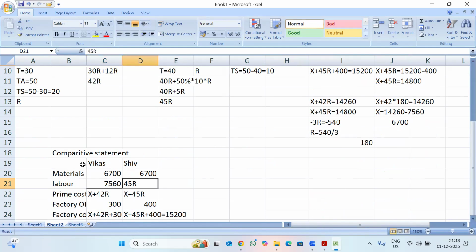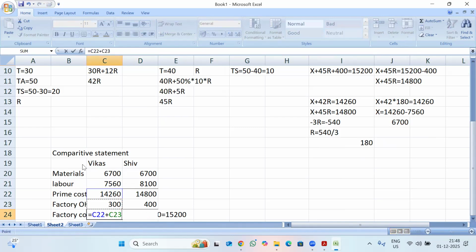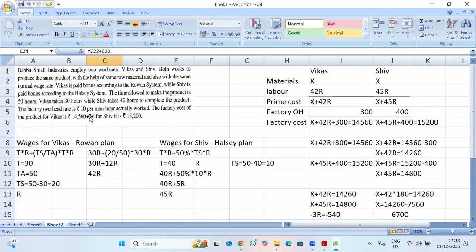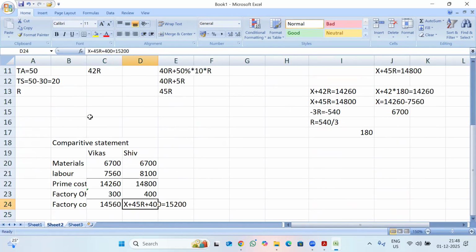Here it is 45 hours, that means 45 into R, which is 180, so I will be getting 8,100. So my prime cost will be 14,260 and 14,800. Here I will be getting 14,560, which is given in the question, and 15,200, since 14,800 plus 400 is 15,200.